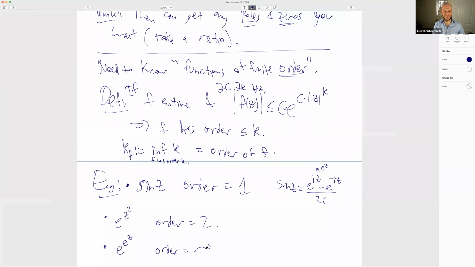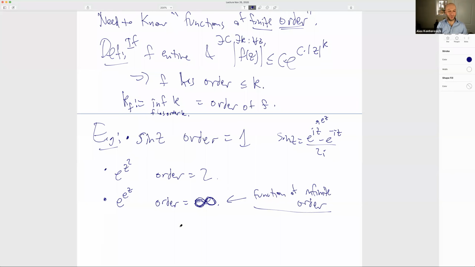Infinity. Okay, so this is not a function of finite order. This is a function of infinite order. This is our enemy from the point of view of understanding things about zeros. Okay, so we want to know about things of finite order.